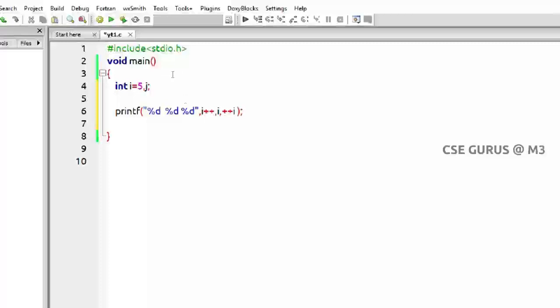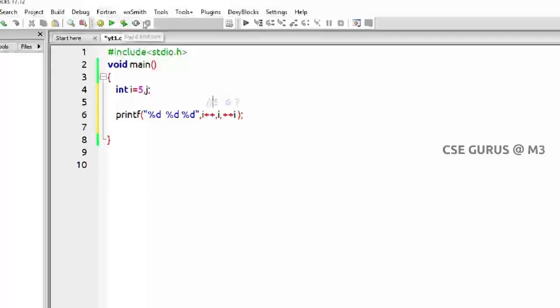In general you might feel that I equals 5, so here it will be 5, right? Then it will be incremented, then it goes to the next line. I is printing, it is 6, then 6 plus plus, it will be 7, right? But we'll see the output it prints. Anyway, I'll explain this one clearly.